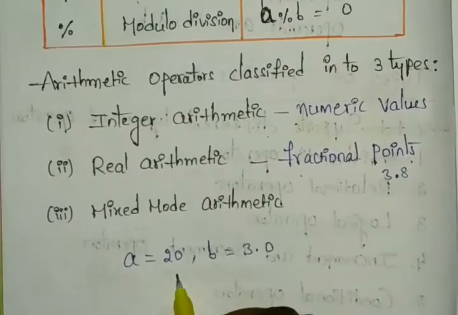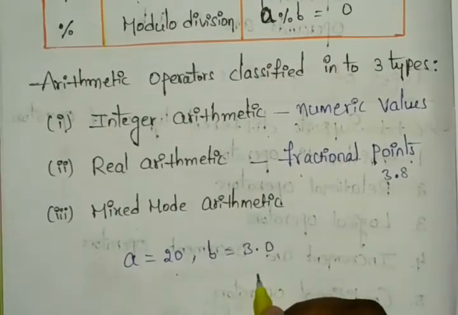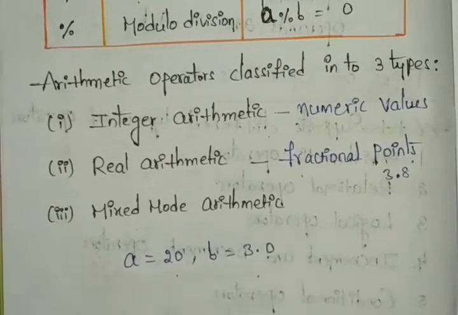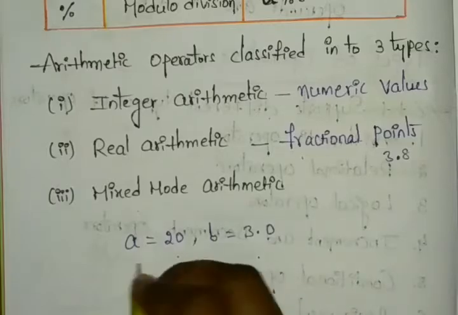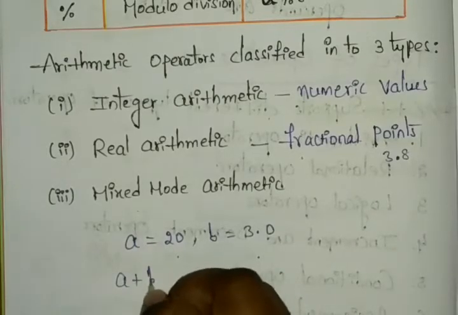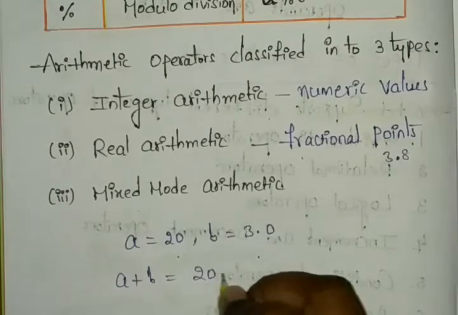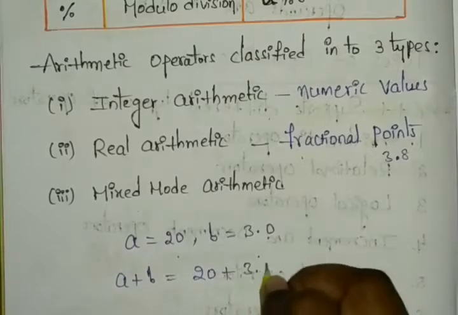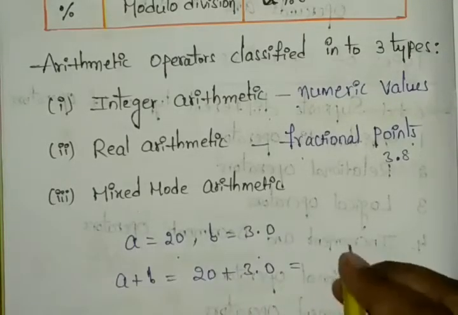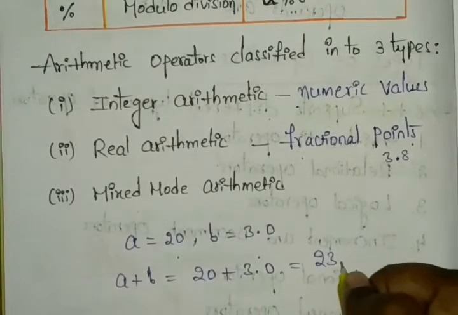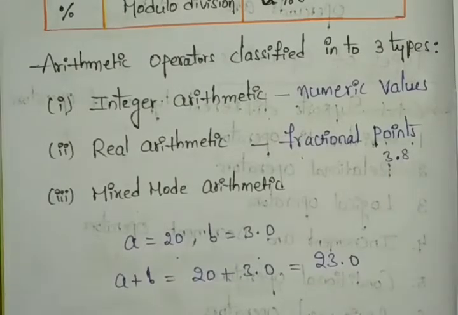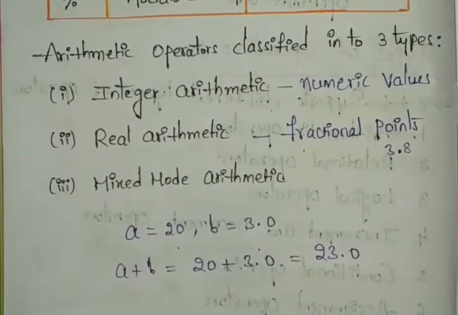So this is our integer and this is our real arithmetic, with a fractional point. If you are doing the addition, A plus 3.0, it will give the result 23.0, right?